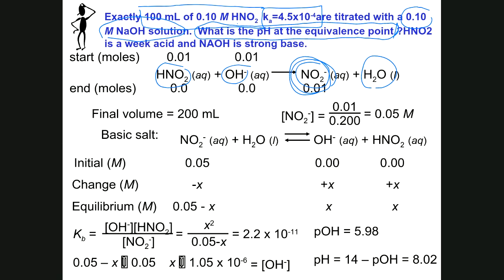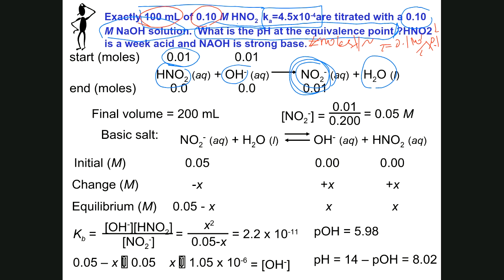At the beginning, you have 0.01 mole of the HNO2. How do we find that? Again, molarity times volume in liter, which is 0.1 times... So number of moles of HNO2 equals 0.1 mole per liter times 0.1 liter.